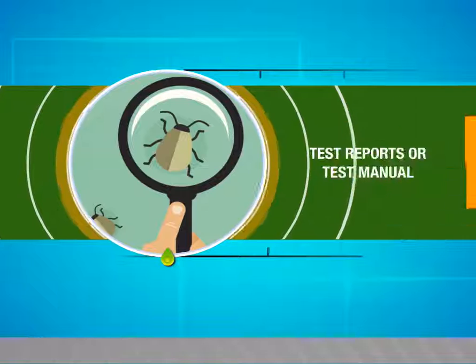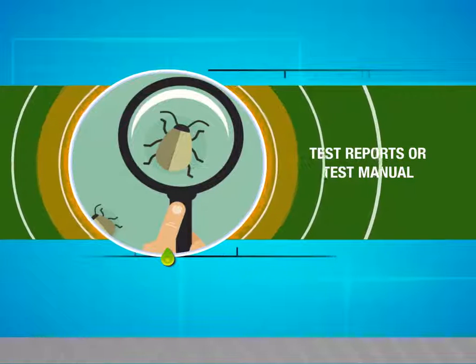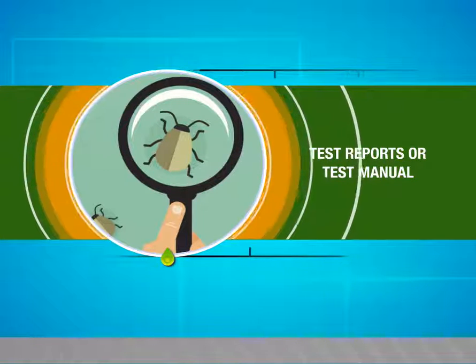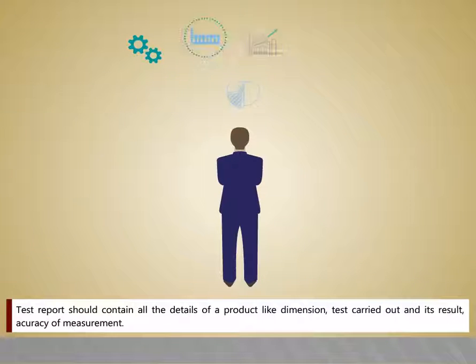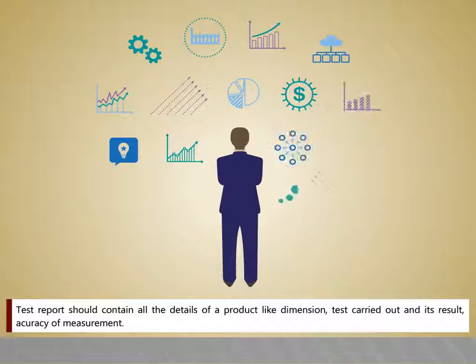Test reports or test manual. In this video, we are going to see about test reports or test manual. A test report should contain all the details of a product like dimension, test carried out and its result, accuracy of measurement.